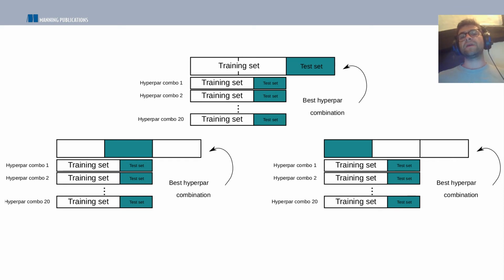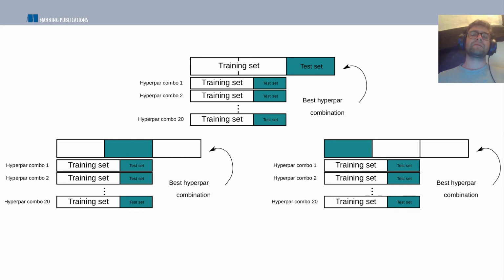And then they'll tweak and change those hyperparameters and train a model using the training set, and then evaluate it on the validation set. And keep doing that until they feel that they have a combination of hyperparameters that works the best, gives the best performance on the validation set.